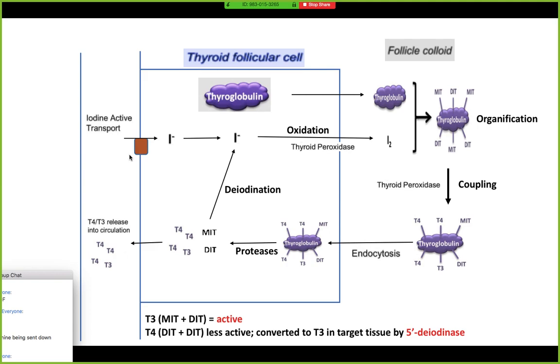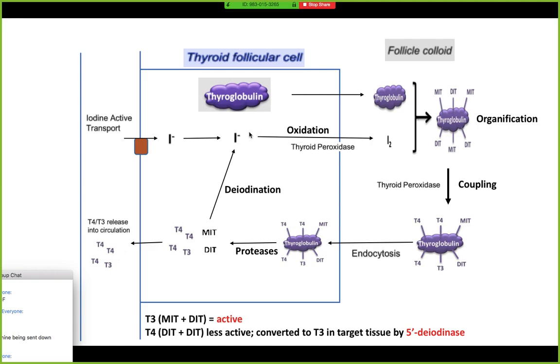So it's transported into the thyroid follicular cell. I added a few things here, the stuff in bold. You hear stuff like organification, deiodination, and it's important to remember those words. You'll see that in question stems.